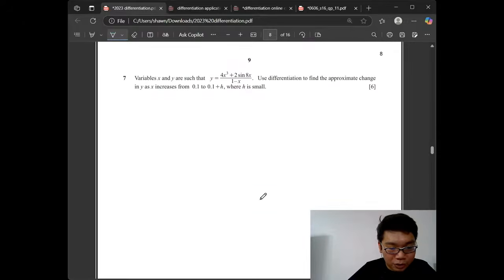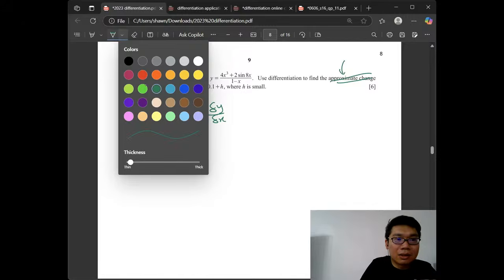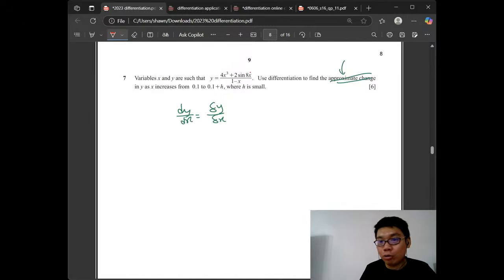Okay, this question. Whenever you see approximate change, immediately you write down dy dx equals to this. Approximate change, immediately use this. If you don't use this, then don't tell me you deserve any mark.